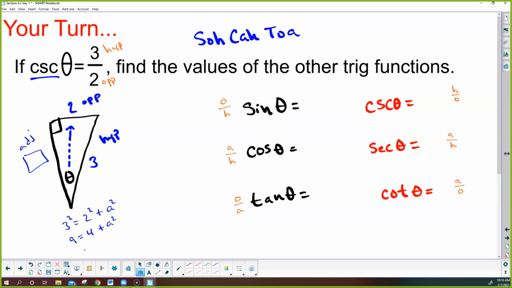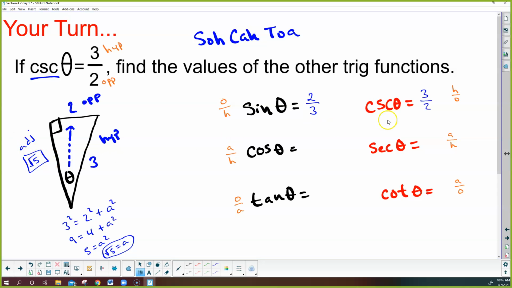A squared, subtract 4. And I get the square root of 5, which does not reduce down. So we're going to leave it. And that is the missing side length that we need to figure out all the other answers. So I should have started with the easiest one, right? Cosecant is 3 over 2, which automatically then puts sine as 2/3, because those are reciprocals.